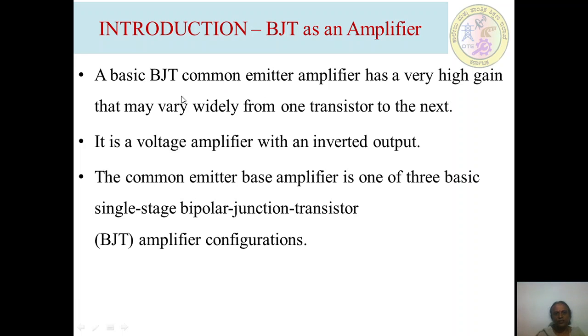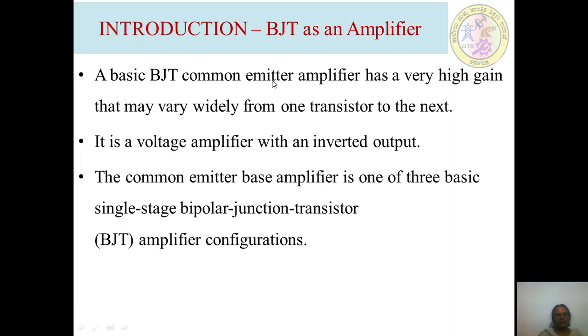So a basic BJT common emitter amplifier has a very high gain that may vary widely from one transistor to the next. It is a voltage amplifier with an inverted output.